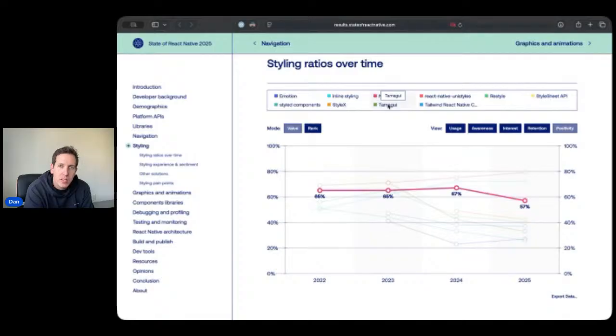Going back to what I was saying before about the amount of users, it's important to realize that more than half now of the users who have jumped into using Nativewind have joined right at this time when there is a gap.